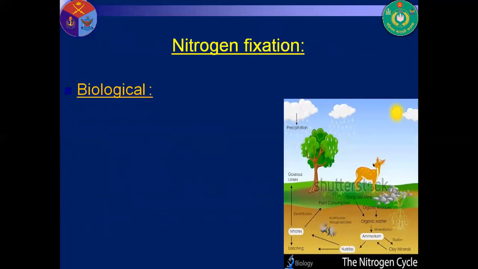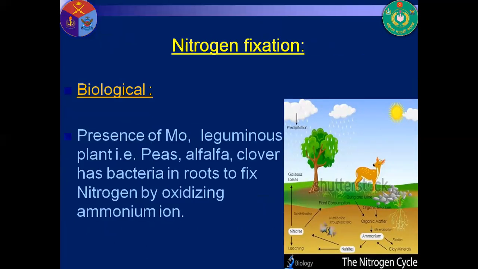Third type, biological fixation. Some plants can fix nitrogen automatically and biologically in the presence of molybdenum, leguminous plants like peas, alfalfa, clover, bean. This type of plant has bacteria which can fix nitrogen biologically and form nitrate ion, ammonium ion, nitrite ion.